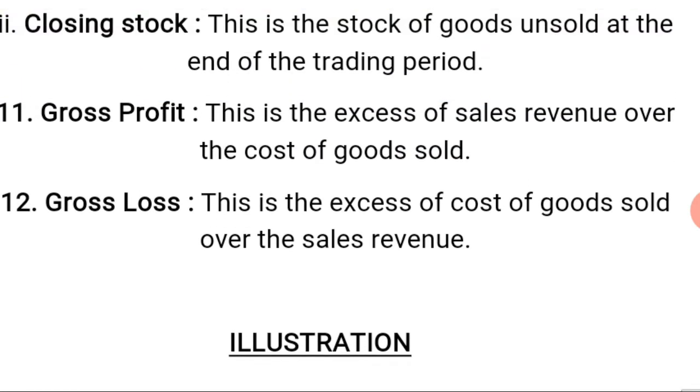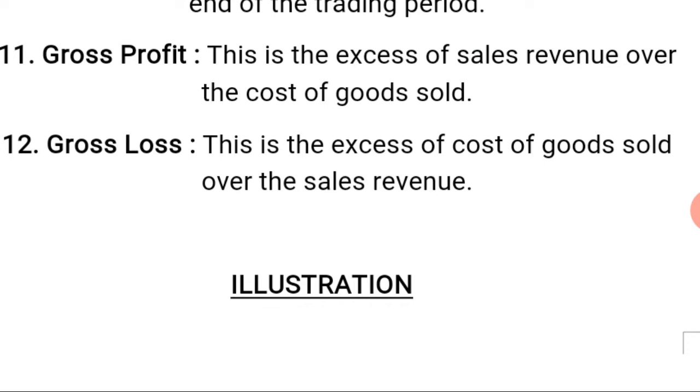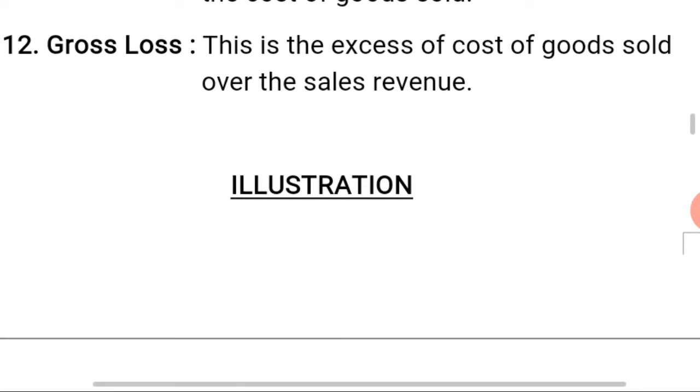Gross profit. This is the excess of sales revenue over the cost of goods sold. That is, when you deduct the cost of goods sold from your net sales, then you realize gross profit. Gross loss.